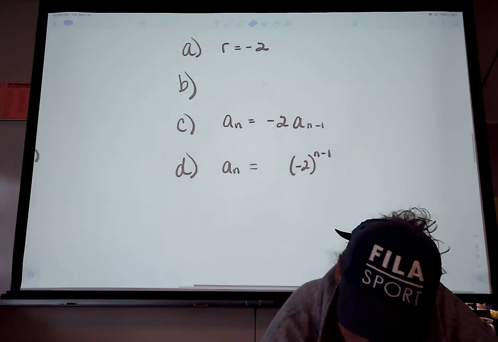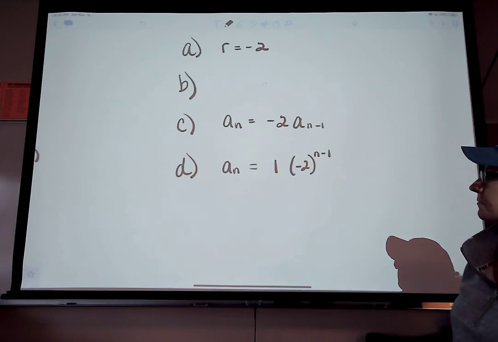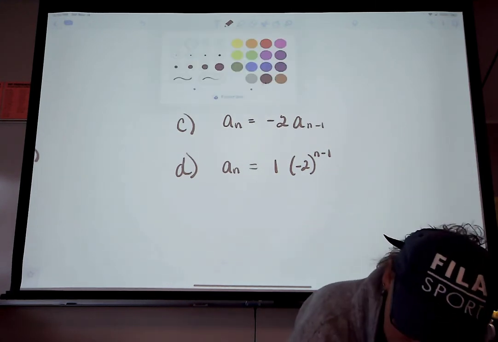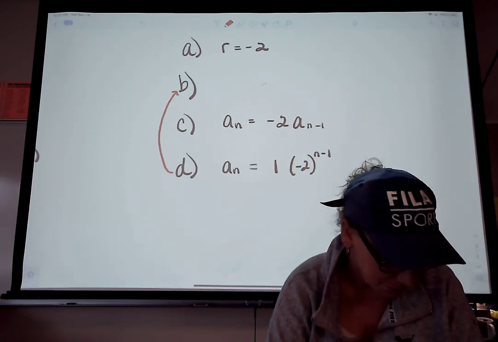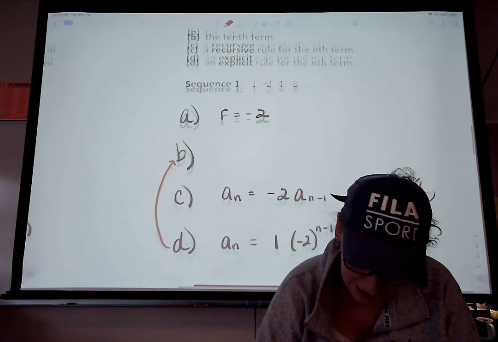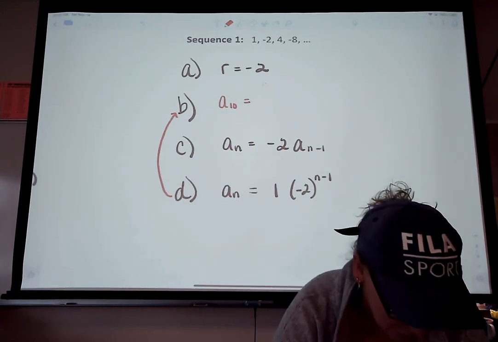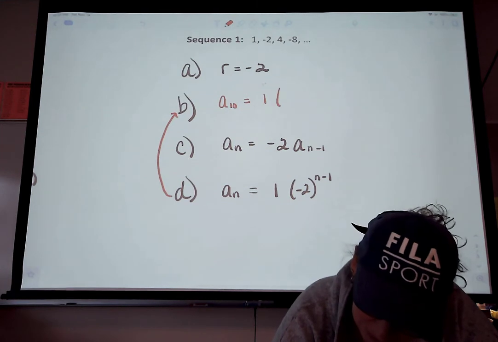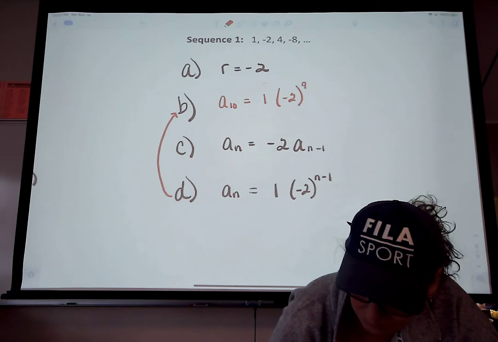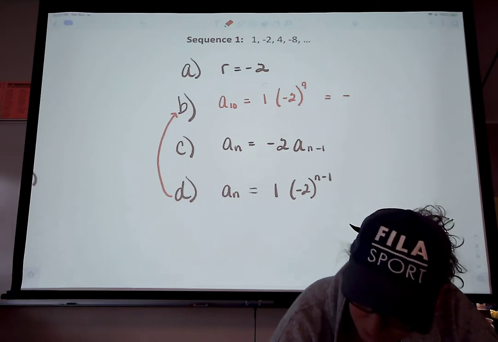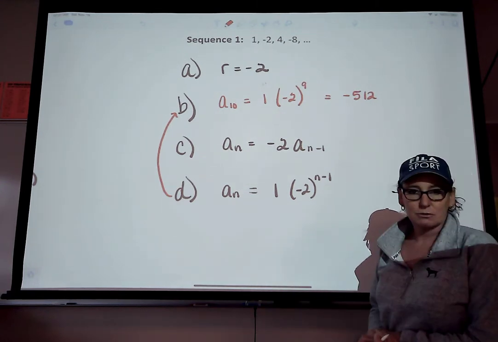First term was 1. Now I can use this formula to get the, what's it ask for? The 10th term. Let's find the 10th term. I'm going to start with the first term times my common ratio to the 10 minus 1. And I got -512.